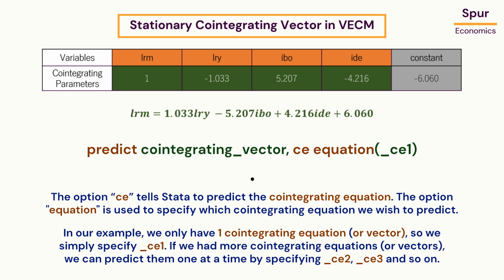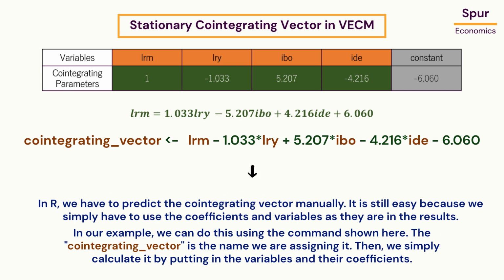In our example, we only have one cointegrating equation, so we simply specify _CE1. If we had more cointegrating equations, we can predict them one at a time by specifying _CE2, _CE3, and so on.